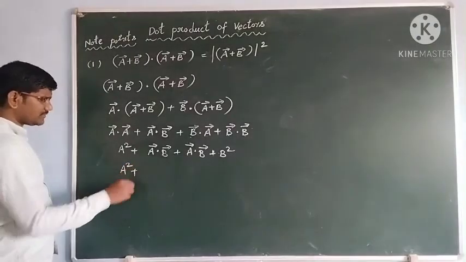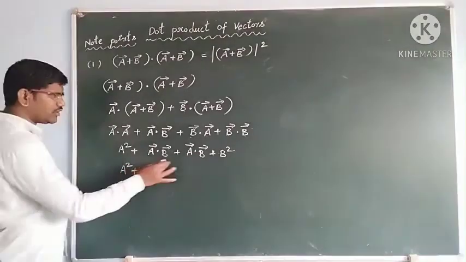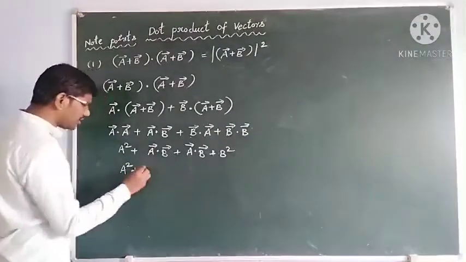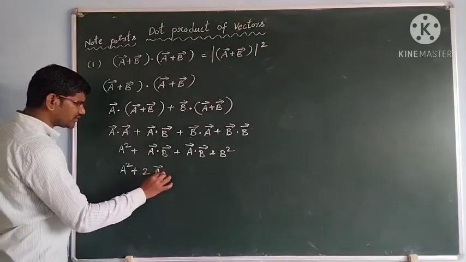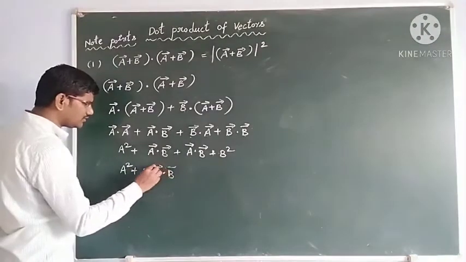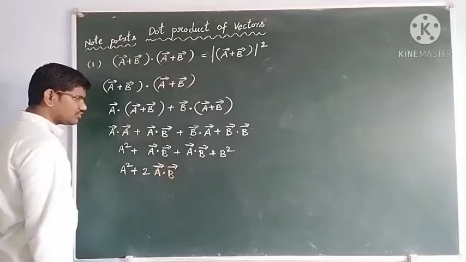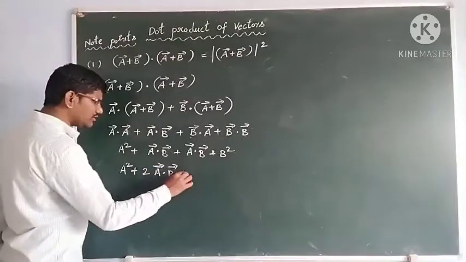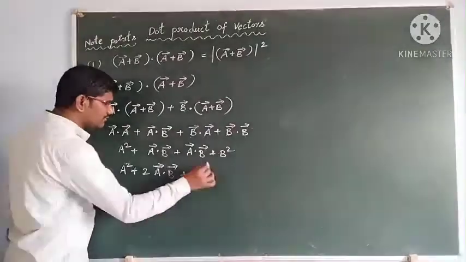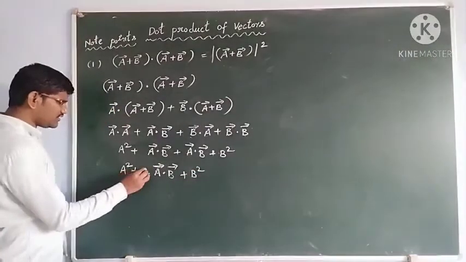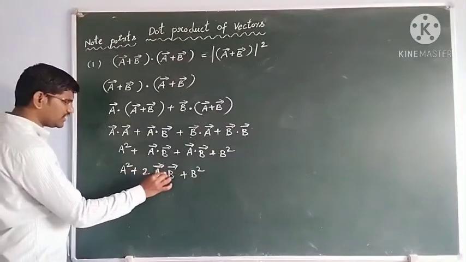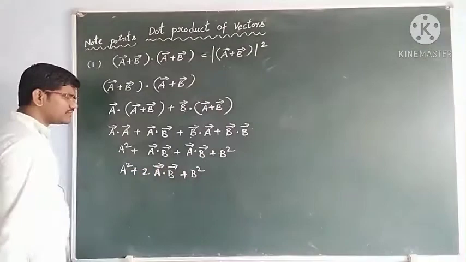A square plus A bar dot B bar plus A bar dot B bar, then you write 2 into A bar dot B bar, plus B square. So A square plus 2 into A bar dot B bar plus B square.